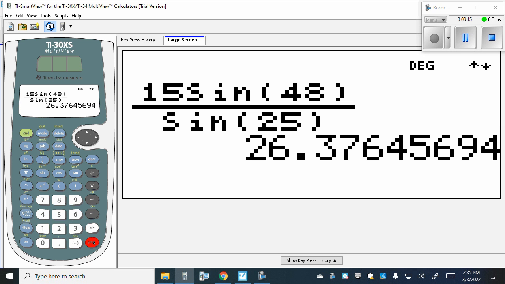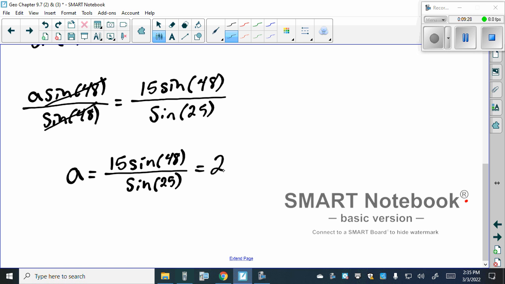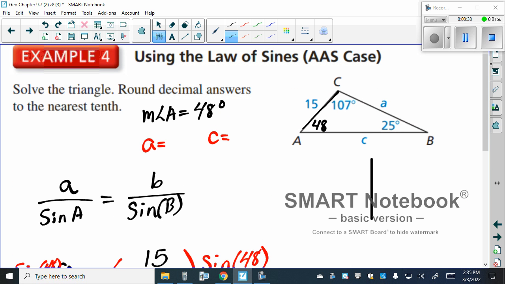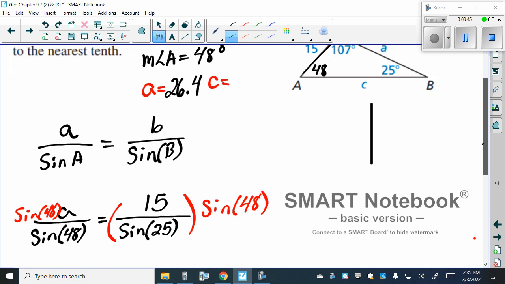And I believe it says we're going to the nearest tenth. So we're going one decimal place. So 26.37 would become 26.4. And that's the value of A.